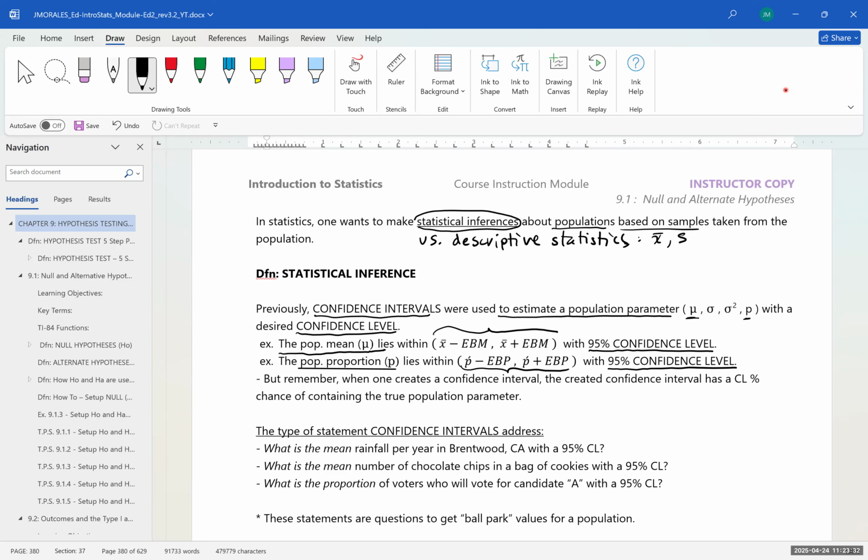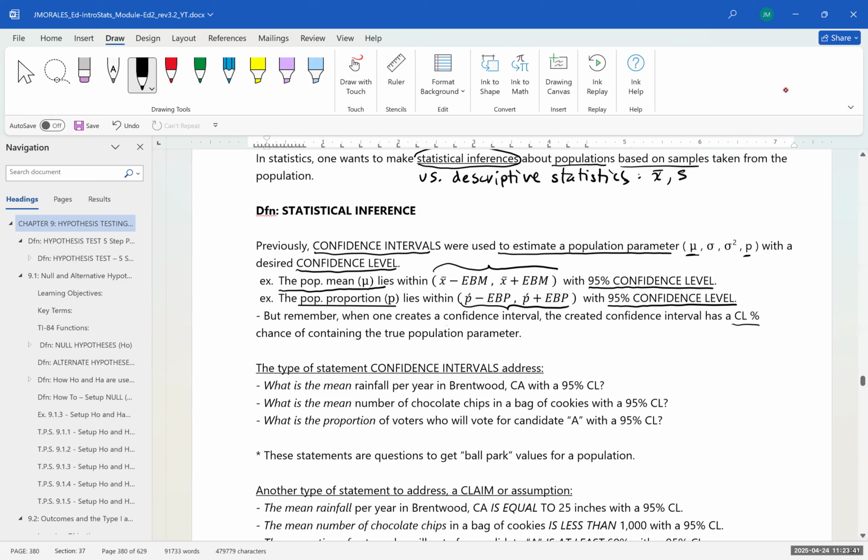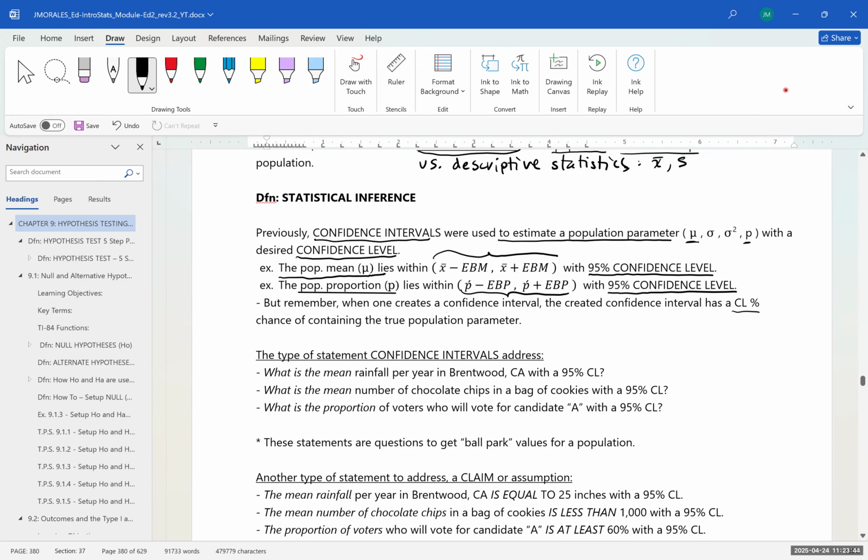But remember, one creates a confidence interval. The created confidence interval has a confidence level percent chance of containing the true population parameter. So the type of statements that confidence intervals address are these. What is the mean rainfall per year in Brentwood, California, with a 95% confidence level? What is the mean number of chocolate chips in a bag of cookies with a 95% confidence level?